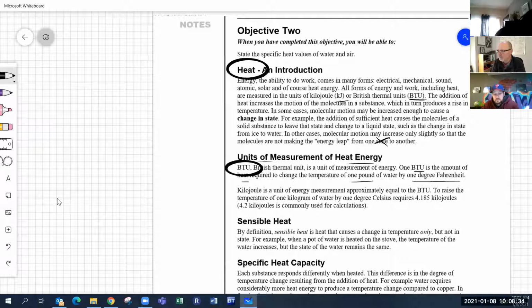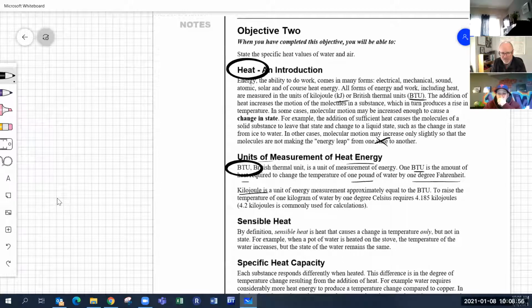There it is. 1 BTU is the amount of heat required to change the temperature of 1 pound of water by 1 degree. A kilojoule is just a metric measurement of a BTU. A BTU is imperial measurement. A kilojoule is metric measurement.